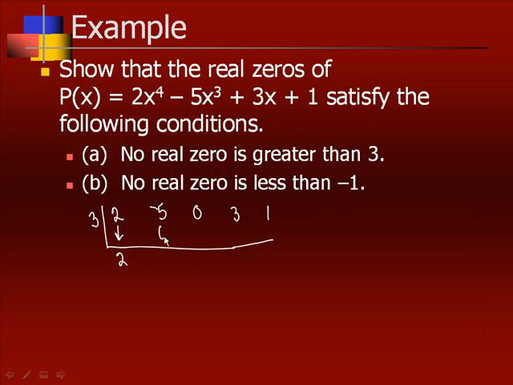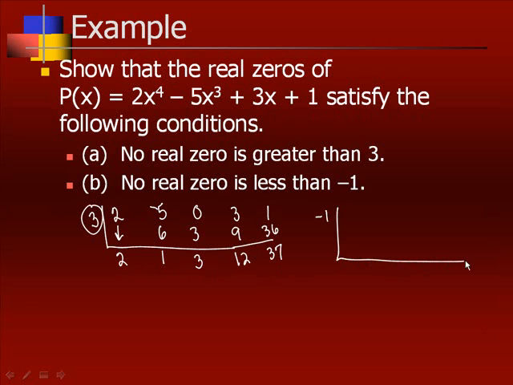So if we drop your 2, there's a 6, there's a 1, there's a 3, there's a 3, there's a 9, there's a 12, there's a 36, and there's a 37. All of these are non-negative, which means we have found an upper bound. There will be no real 0 greater than 3.